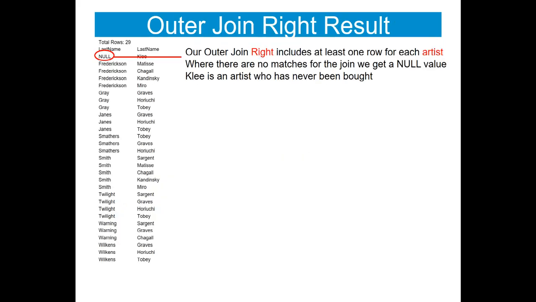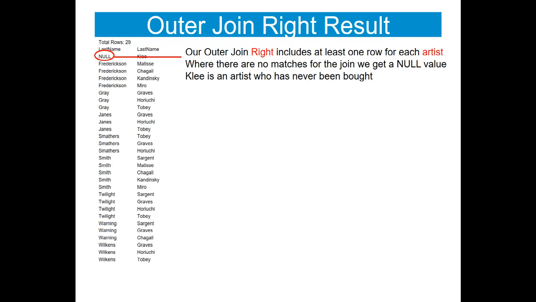This time we get 29 rows. And what happens? Under the last name, we get a null, but we get a last name for the artist. So our outer join right includes at least one row for each artist because the artist table is on the right. And where there are no matches for the join, we get a null value.